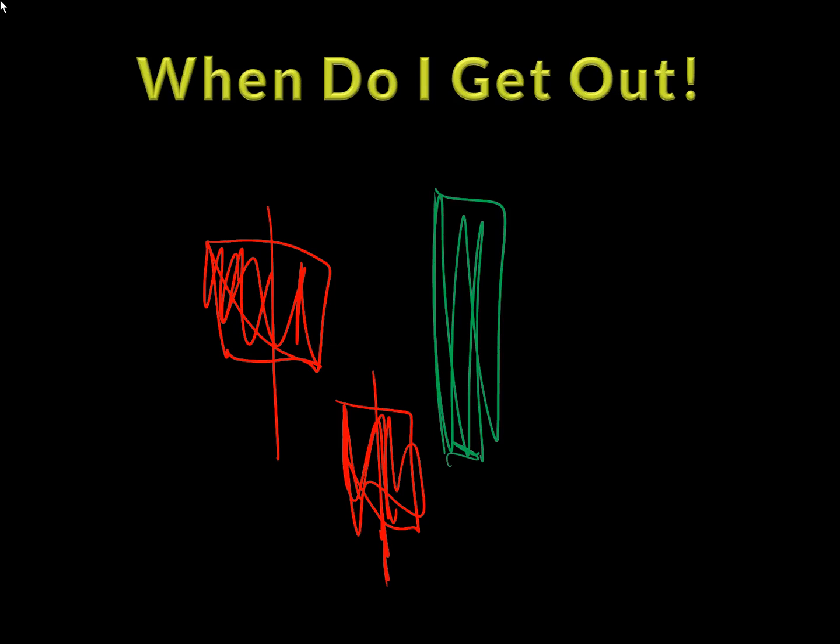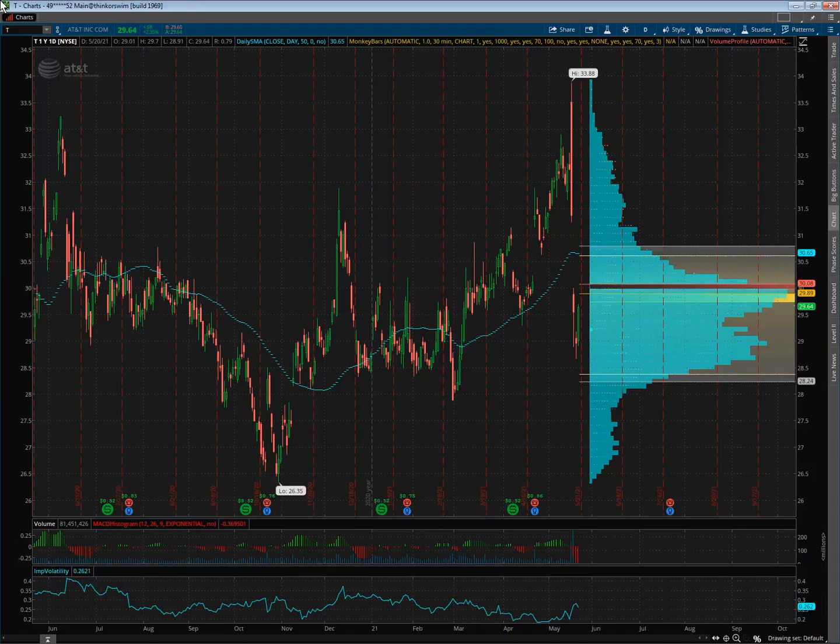So in that case, we are going to be looking to get out below this low here. That would be where, in our chart on that AT&T trade, I'm looking to cover it for a loss. If I break down on that, I'm going to cover that trade.